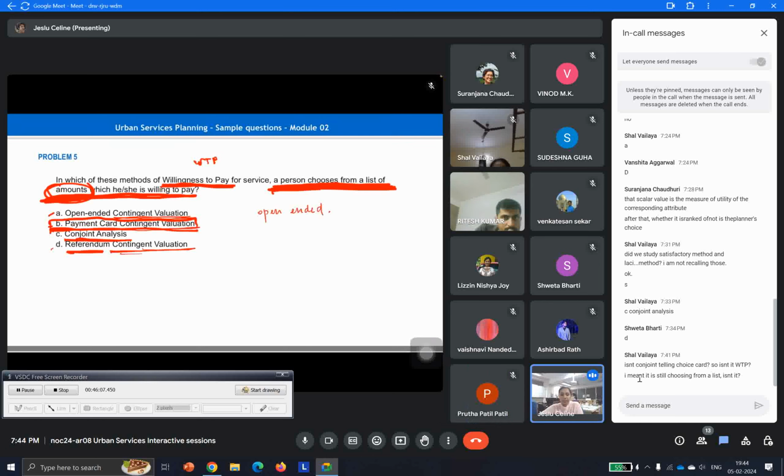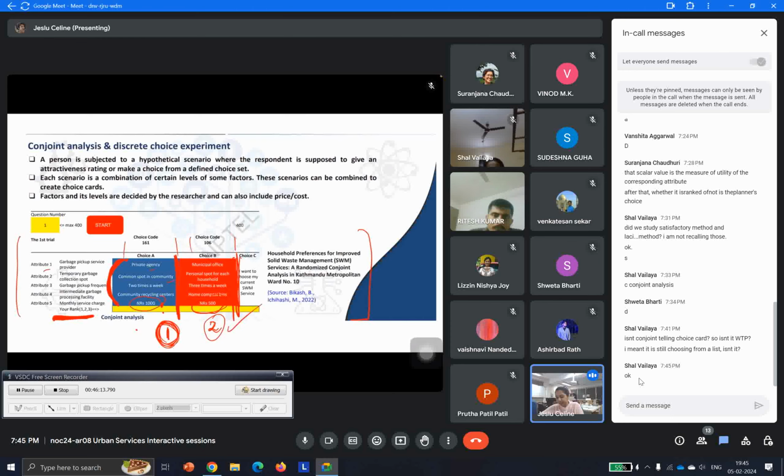So we are not talking about any attributes over here. There, you have a list, and you're not simply saying that I will choose this, but you're ranking it. You're saying this is better in this, so maybe I'll go for this as the first option, but I'm also fine with the second option. It's not as if I'm rigid on one particular option. But the other one is a choice card, and from the choice card you select one. So there's a discrete value which comes out of that, right?